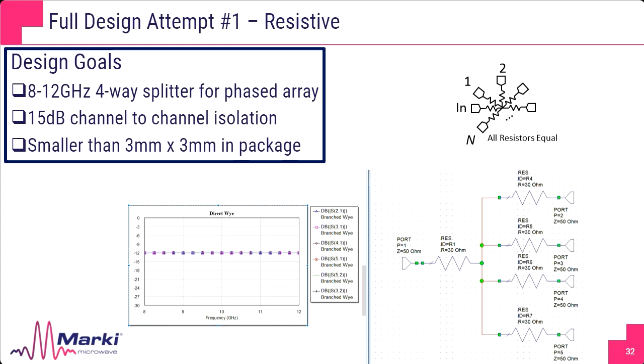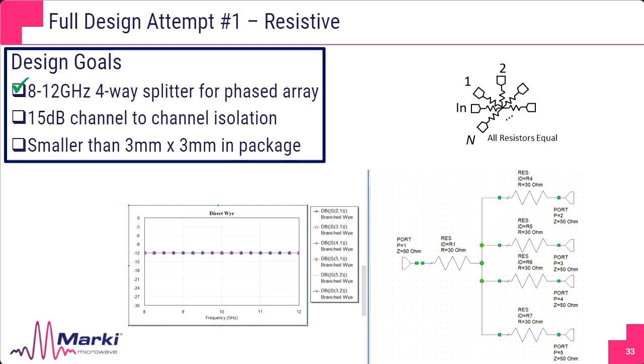And what we're plotting here is insertion loss from input to output on all inputs to outputs, as well as one adjacent channel isolation and one far channel isolation. And it's very easy to see, no matter what path we're taking on this power divider, electrically, it's identical. It's going through two resistors. So while we're getting good broadband performance, our isolation and our loss are all equivalent.